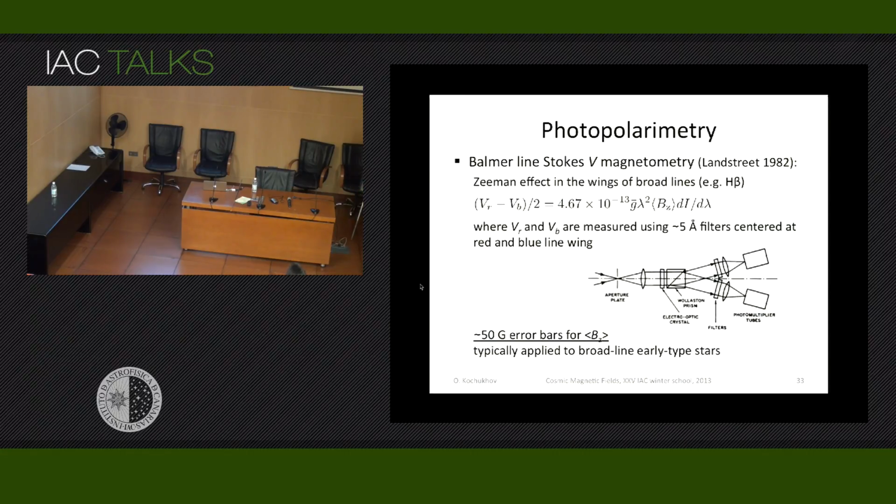Then this formula is used to derive the magnetic field. I believe something very similar is used in producing full disk maps of the sun, focusing on the wings of some metal lines and deriving the line of sight component BZ from these measurements.